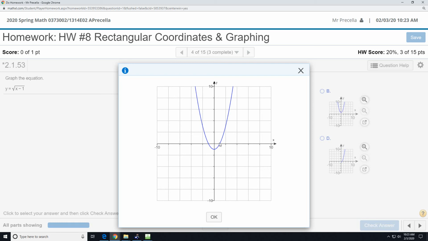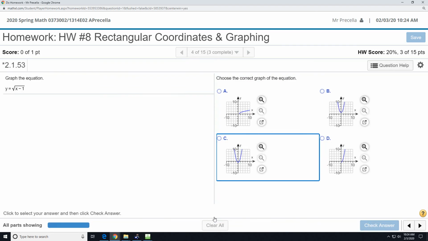So right 1, up 0. What about right 2, up 1? Does this one have right 2, up 1? I'm thinking no. Because right out here where my cursor is, isn't that where right 2, up 1 is, if each mark is 2? So it's not that one.